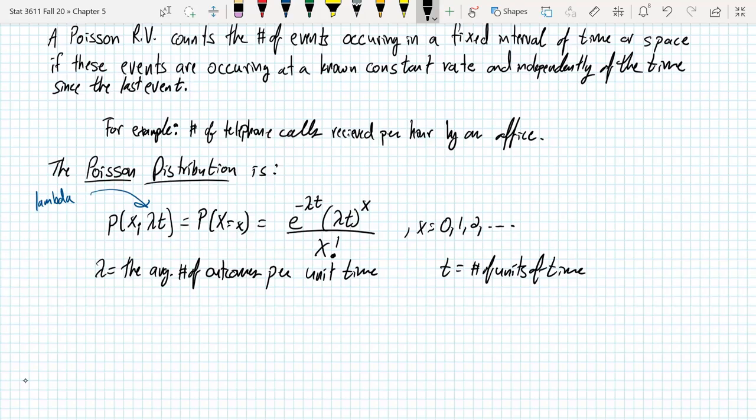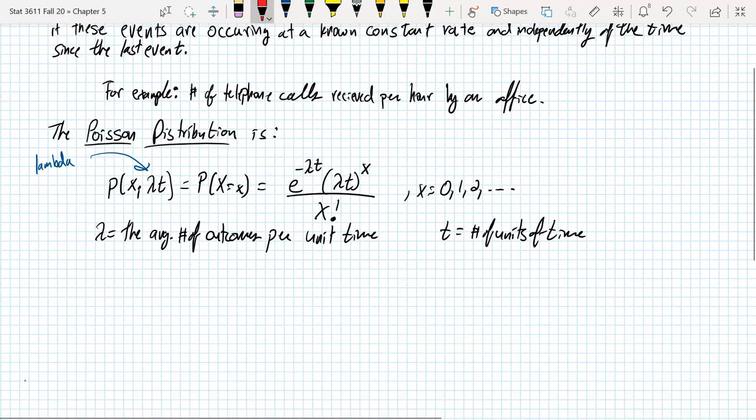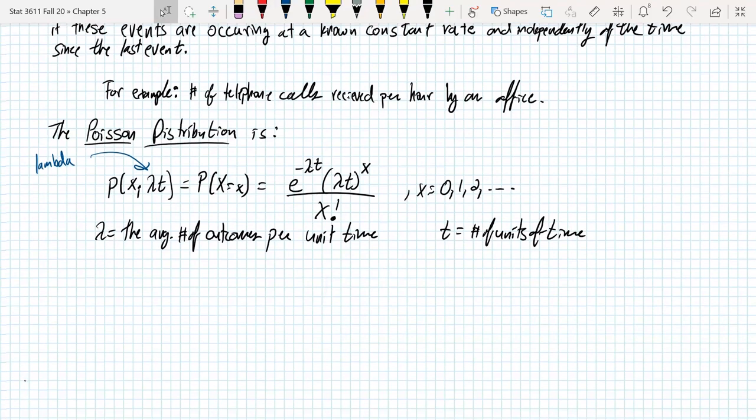All right. Something that's kind of nice about the Poisson distribution is that the expected value of X is just lambda times T, and the variance of X is also equal to lambda times T, which is kind of a neat result.